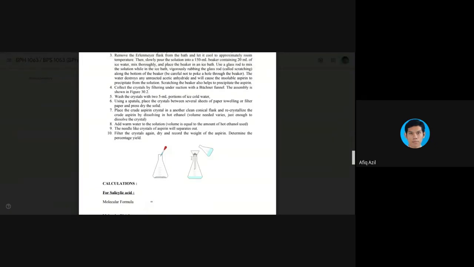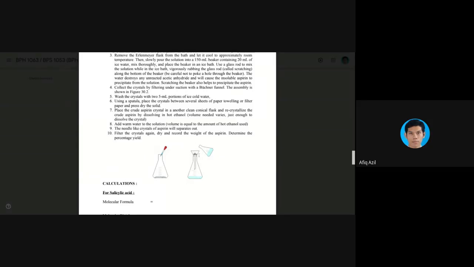Remember the water must always be cold, because if you are using hot or room temperature water, there is a chance that your aspirin will be hydrolyzed back into solution form.